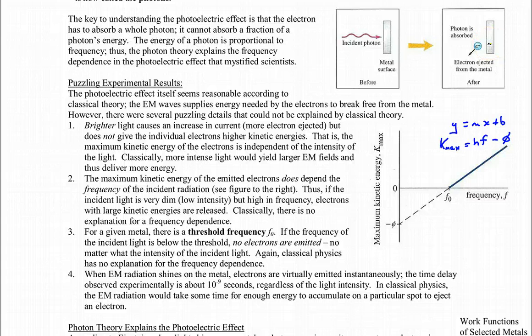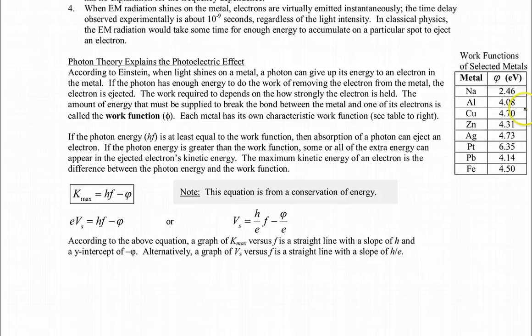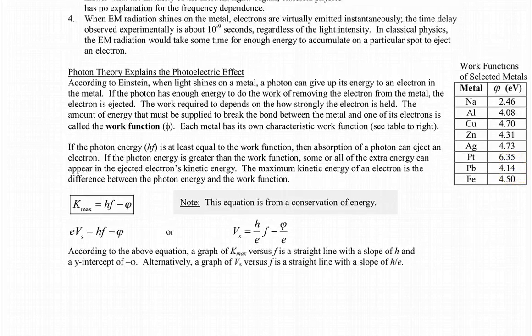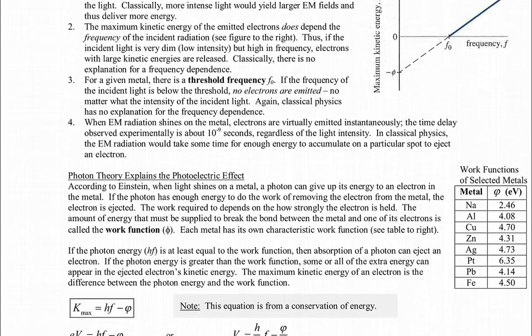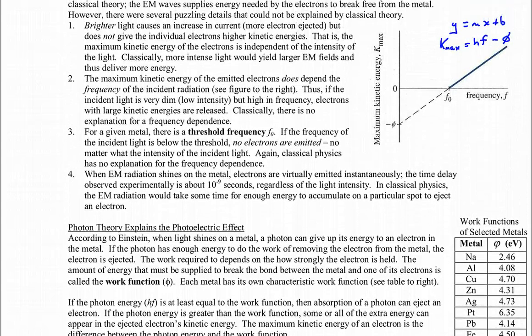The work function, by the way, depends on the type of material you're using. If you look ahead in your notes, you'll see a whole list of different metals and their different work functions to liberate those electrons.